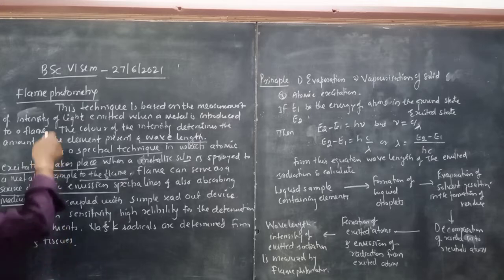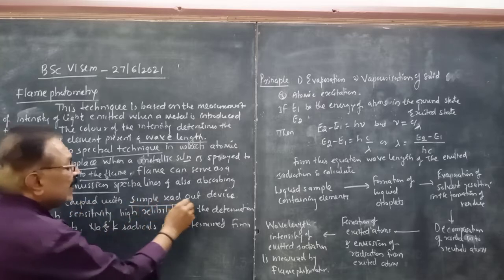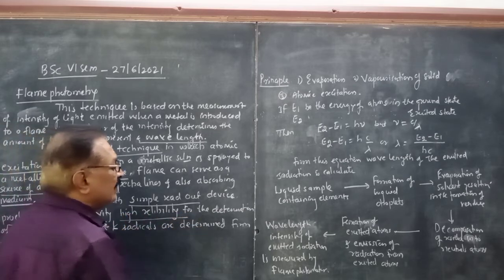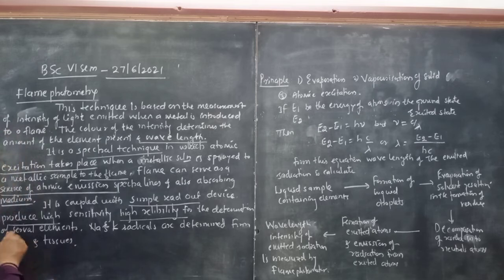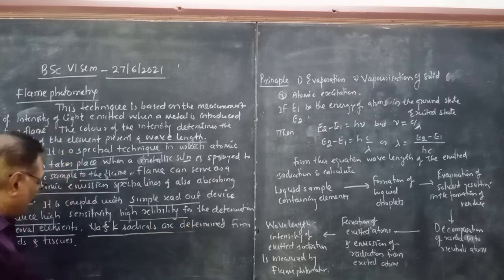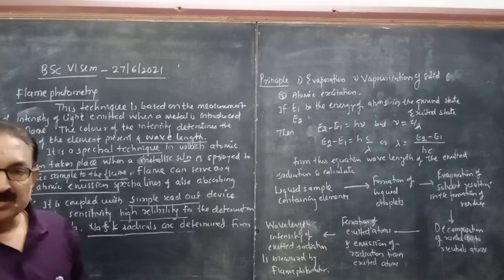This flame photometric technique is further coupled with a simple readout device to produce high sensitivity and high reliability for the determination of several elements. Here the sodium and potassium radicals are determined from fluids as well as from tissues.